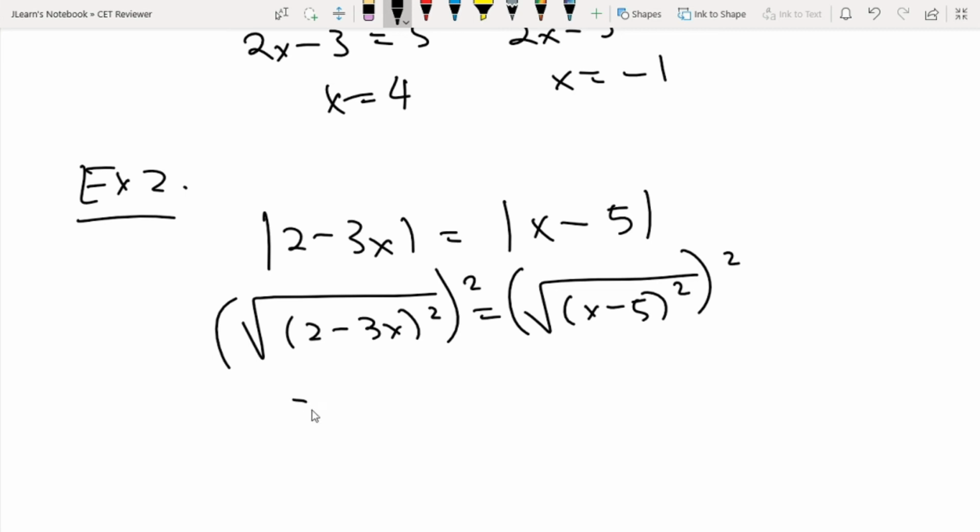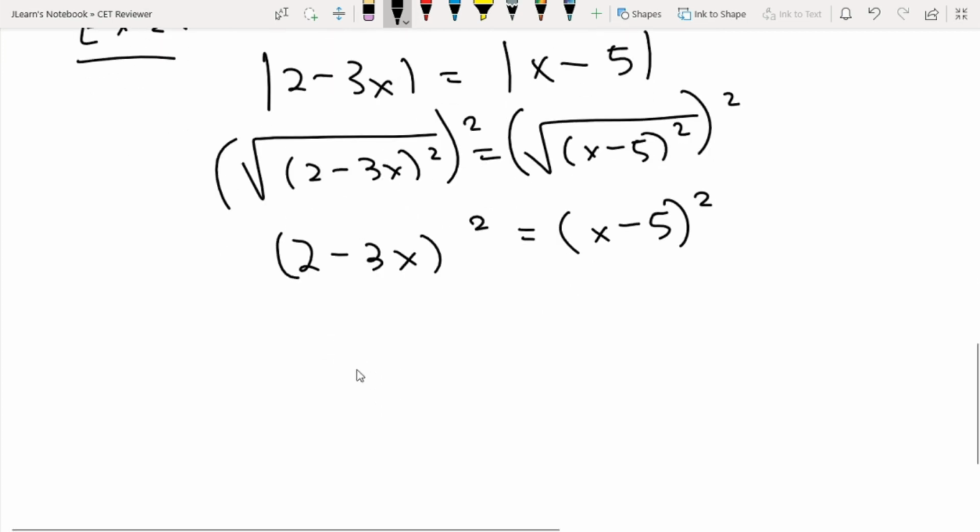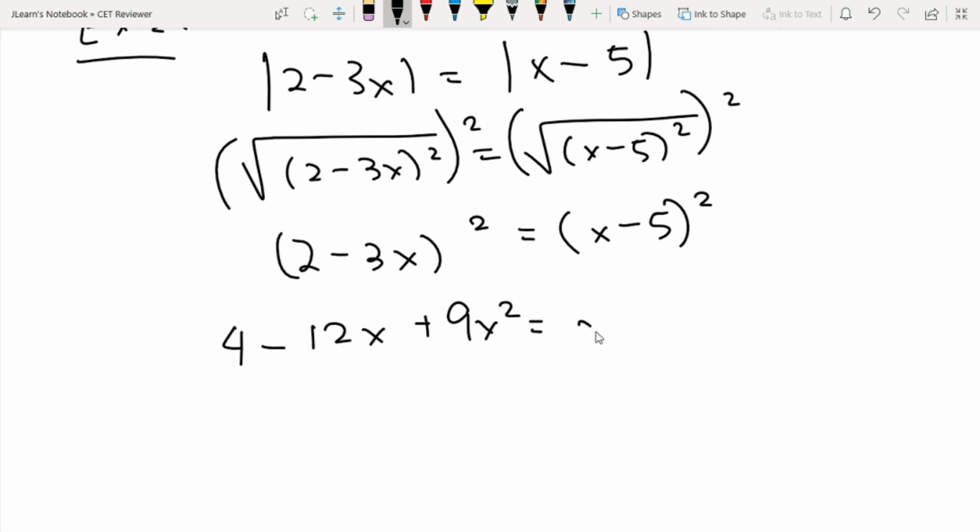Then matitira sa atin is 2 minus 3x squared is equal to x minus 5 squared. Okay? Now, pwede na lang natin to i-expand, no? Pwede na lang natin to expand to be equal to 4 minus 12x plus 9x squared is equal to x squared minus 10x plus 25.